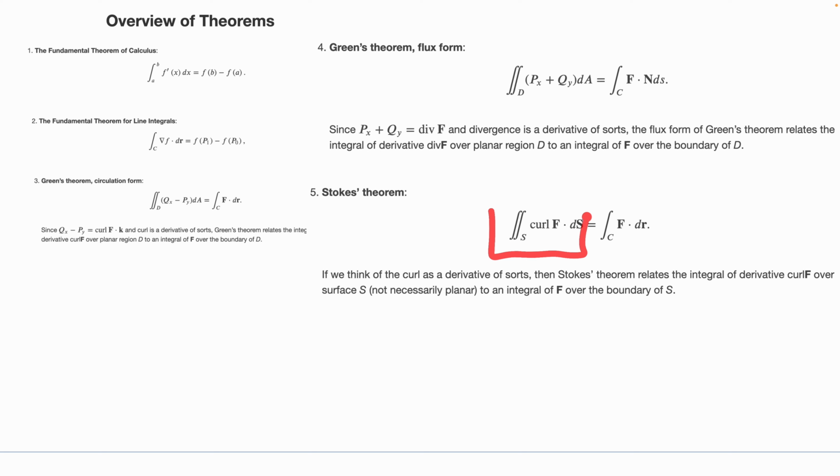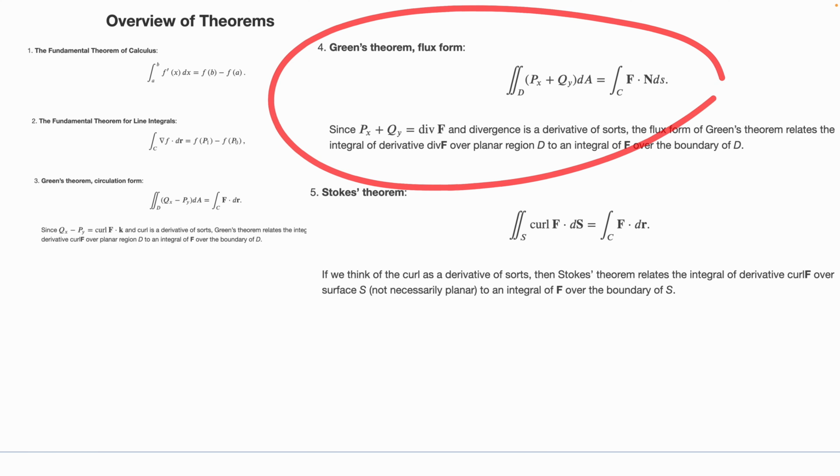And then you have an interior evaluation set equal to a boundary evaluation. The integrands are identical, given that this integrand can be written as curl dotted with K. Nice.